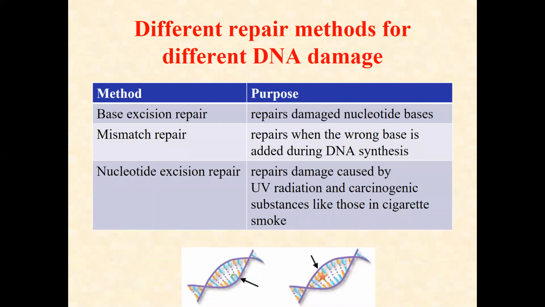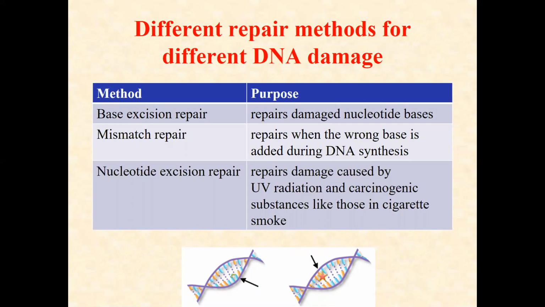So there are different repair methods for different DNA damage. Because there are many different types of DNA damage, cells have multiple methods to repair all the damage. When a single nucleotide base is damaged, the cell uses a repair method called base excision repair, because just the damaged base is removed and replaced.